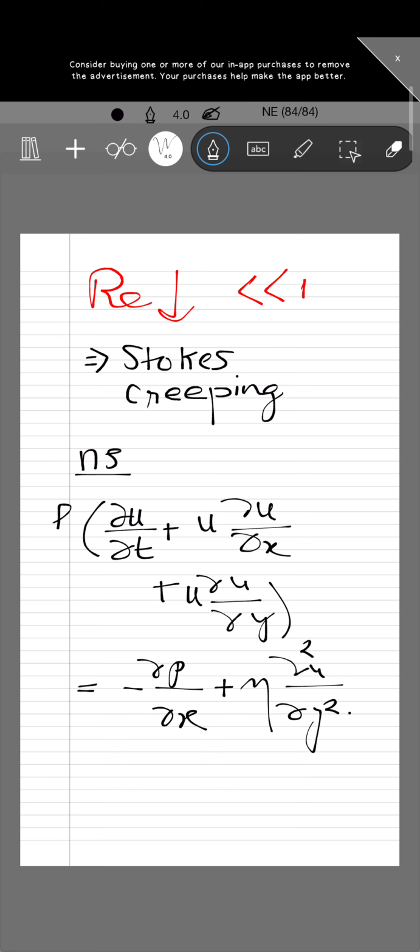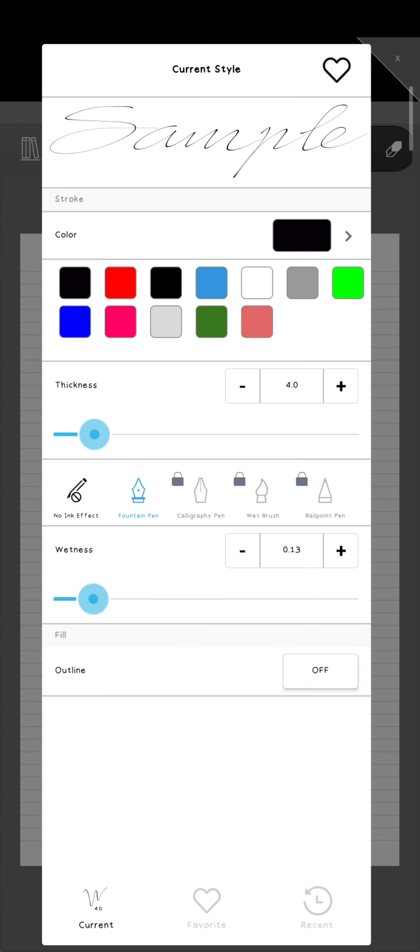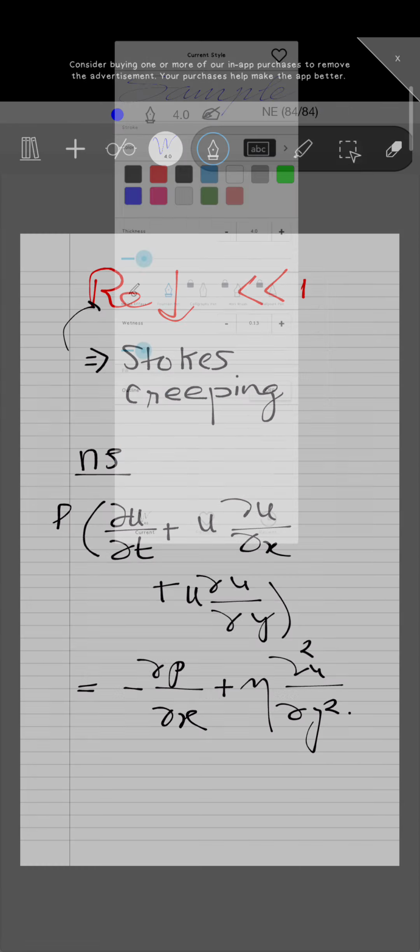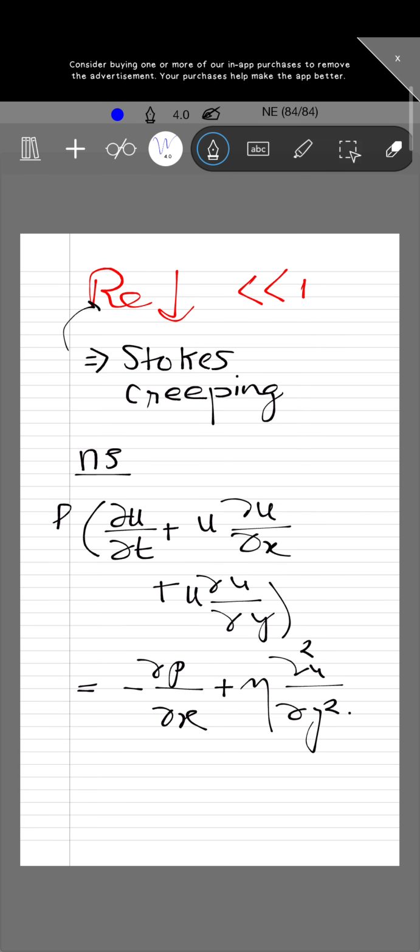Now, since this condition is followed here and also the height is very small, for the case of lubrication this equation changes to 0 equals, so the left hand side becomes absolutely equal to 0.